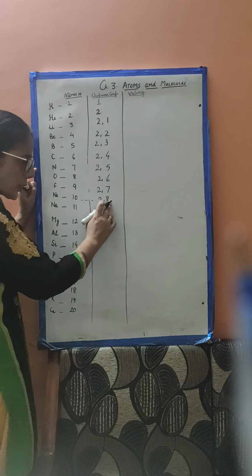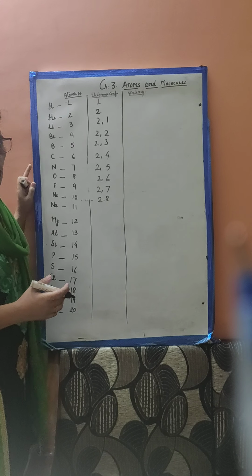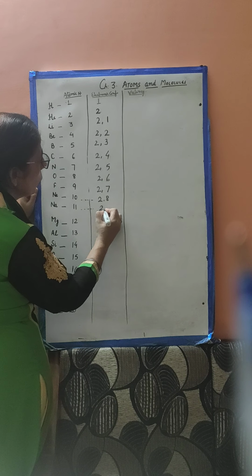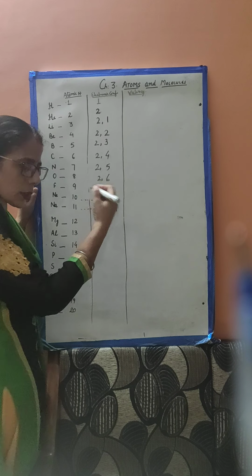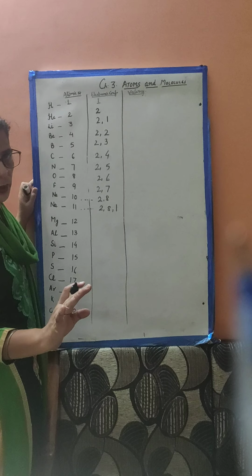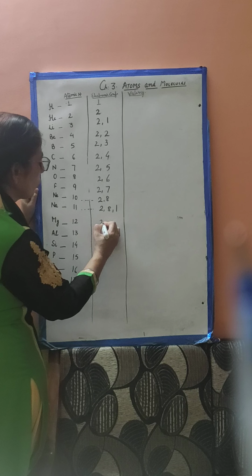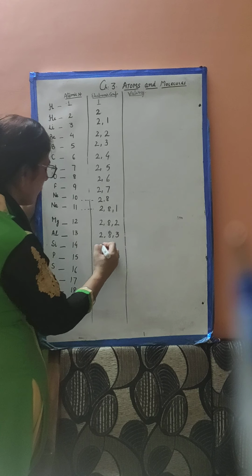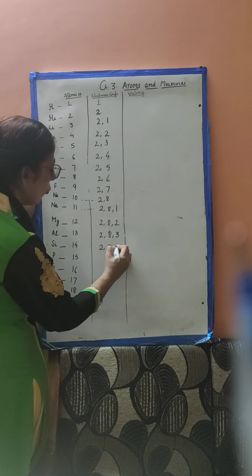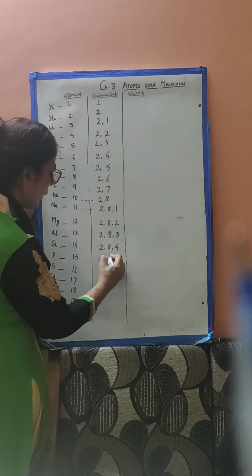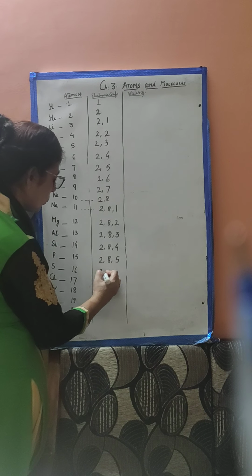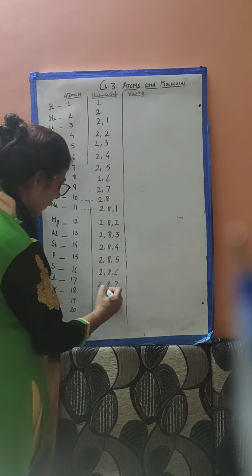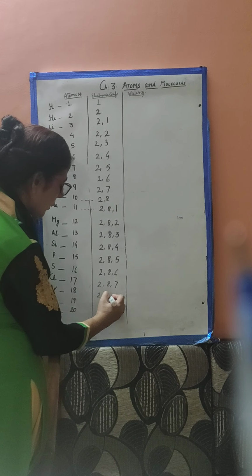But afterwards, now this shell is also filled. Now the subsequent electron will go in the third shell. So it will be 2, 8, 1. The outermost shell can accommodate 8 electrons at the most. So 2, 8, 2; 2, 8, 3; 2, 8, 4; 2, 8, 5; 2, 8, 6; 2, 8, 7; 2, 8, 8.